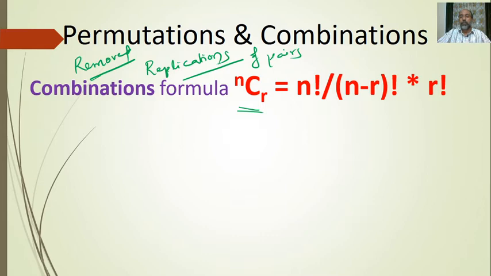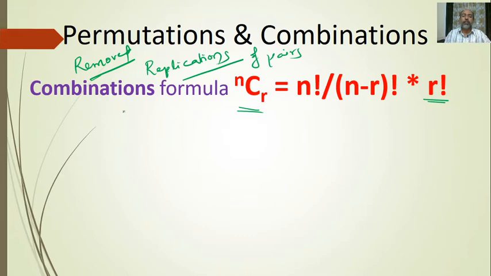nCr is equal to n factorial divided by (n minus r) factorial into r factorial.